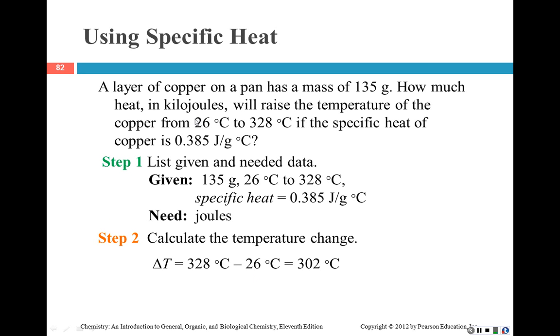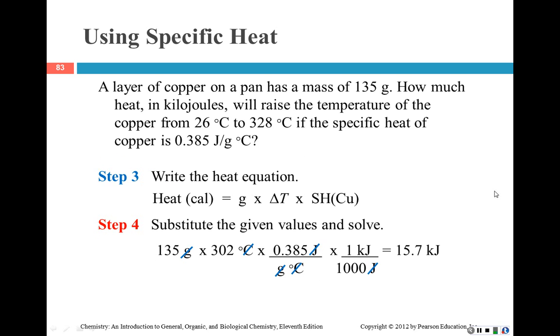Now we went from 26 to 328, so we gained heat, right? So our delta T is 302 degrees C. Our heat equation is grams times delta T times specific heat. Okay, your specific heat can be calories, it can be joules, or we can even convert that to kilojoules.